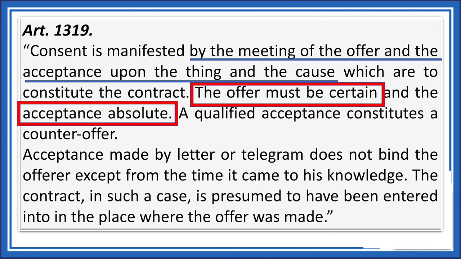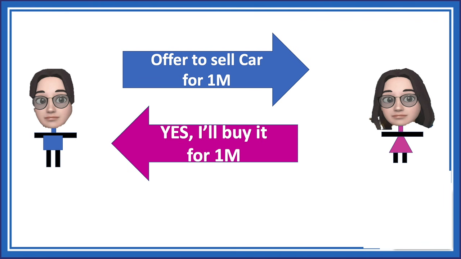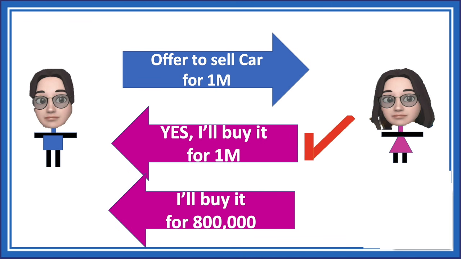Kumbaga, halimbawa, dun sa example natin kanina kay Pogi, inoffer niya kay Ganda ang kanyang sasakyan for 1 million pesos. Dapat yung acceptance ni Ganda ay yes, ganun lang. Yes, or yes, I agree, or yes, I accept your offer. Yung mga ganun. Kasi pag sinabi niyang, pwede bang 800,000 pesos lang?